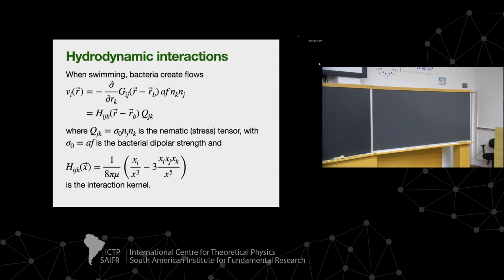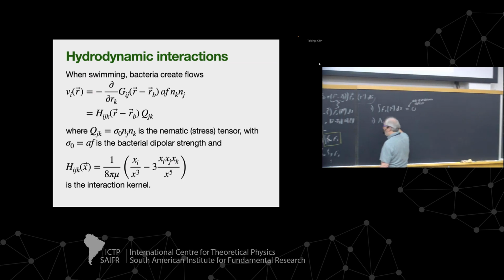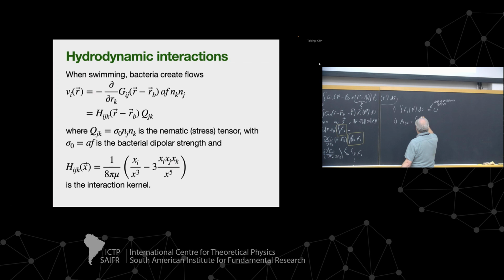So the next term, I'm going to call it A_jk, is this integral. It is a second order tensor. And so you have this body, and you're integrating this distance times the force that is here.